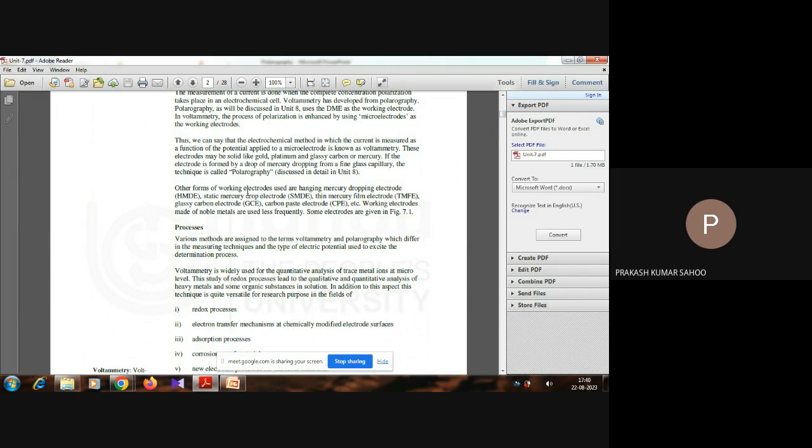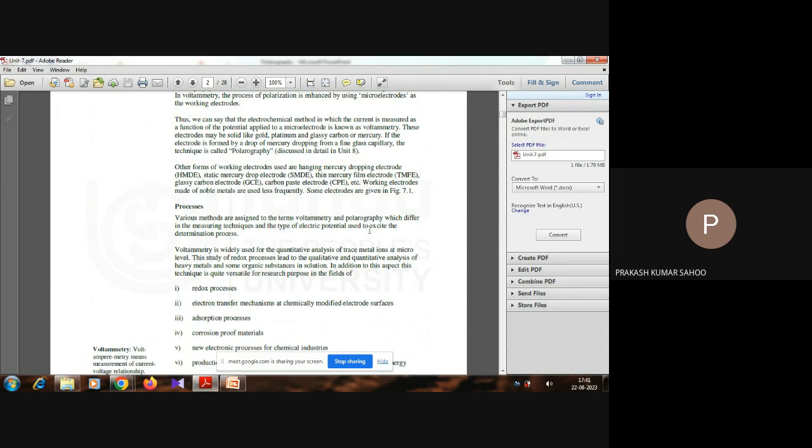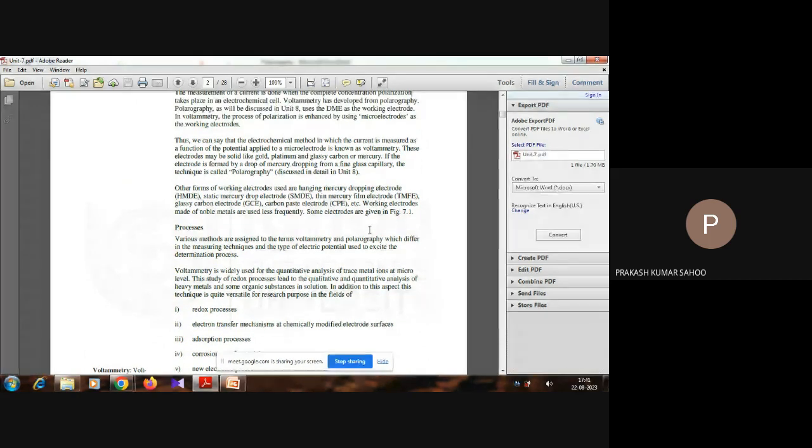So these are some of the electrodes which are used as working electrodes in voltammetry as well as in polarography, because polarography is a version of your voltammetry, right?